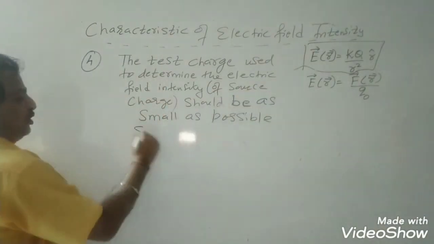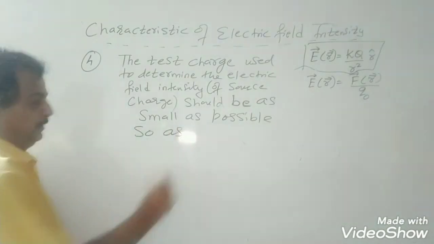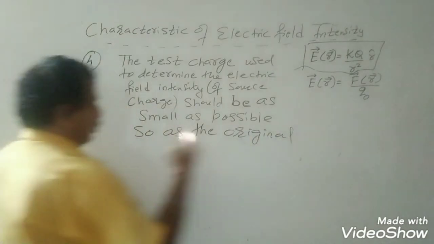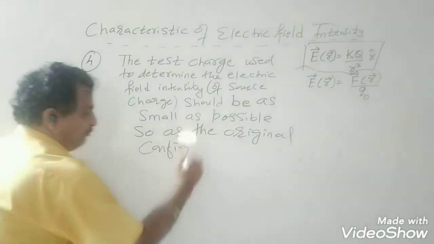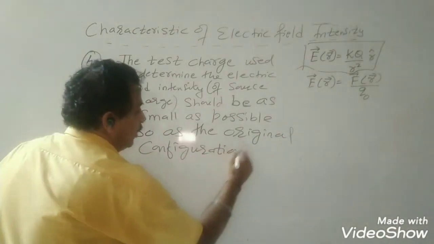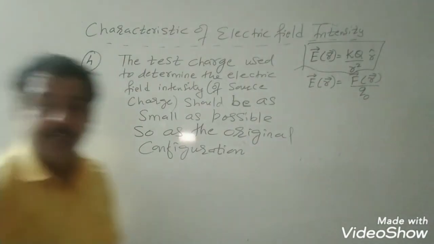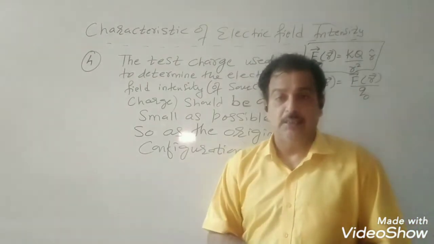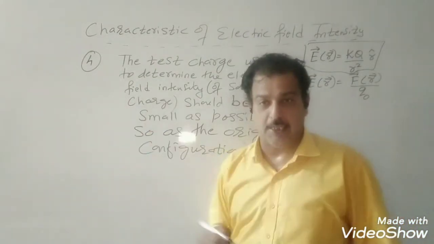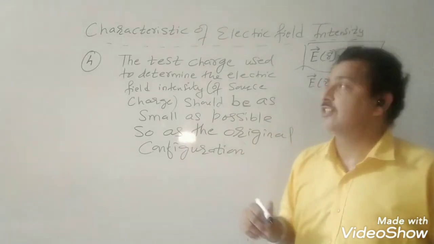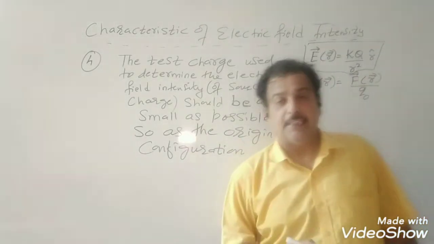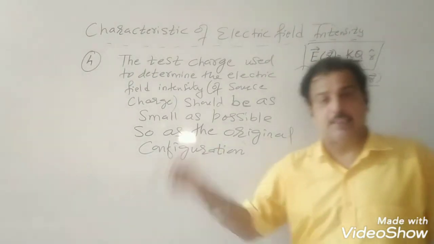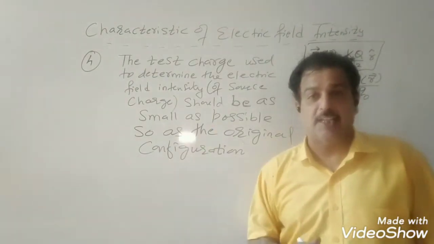It should be as small as possible so as the original configuration is not changed. When I mean the original configuration, I mean the electric field of a source charge. Electric field means region. It should not happen that the source itself goes away. Then how will you determine its strength? We need to find out the intensity of the strength, so that should remain the same. Therefore, you should not bring a test charge larger than that.